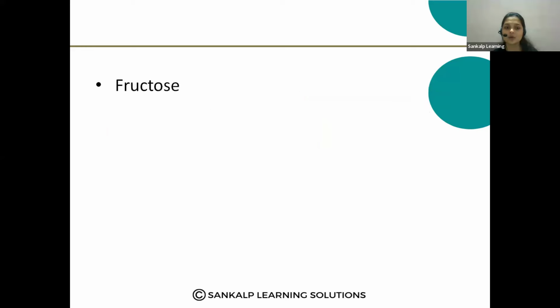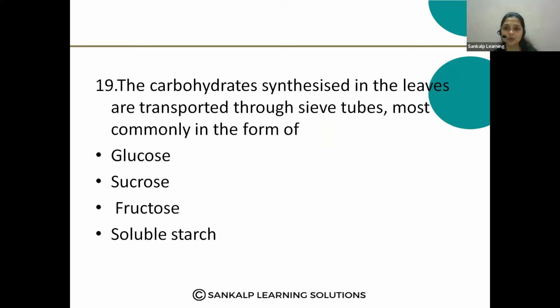This is also mentioned in your textbook. Plants transport the food mainly in the form of sucrose. Sucrose is a type of carbohydrate similar to glucose. Now, what is the answer?